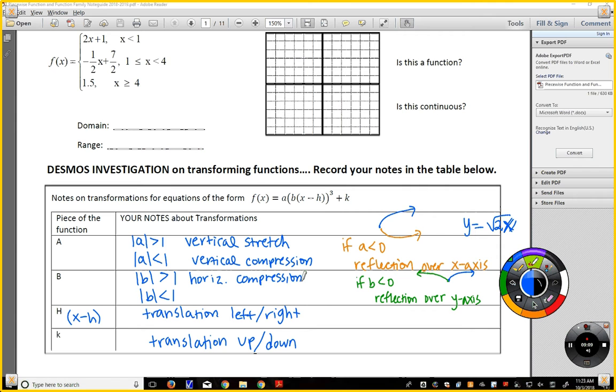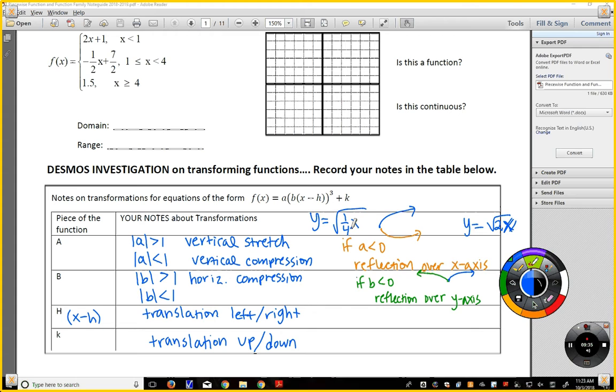Whereas if you put something inside the equation that's smaller than 1, like 1/4, that means I'm going slower. x is going a fourth of the speed that it used to go. If I'm going a fourth of the speed, how long is it going to take me to complete the task?